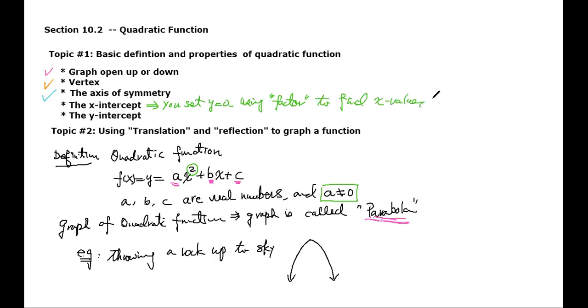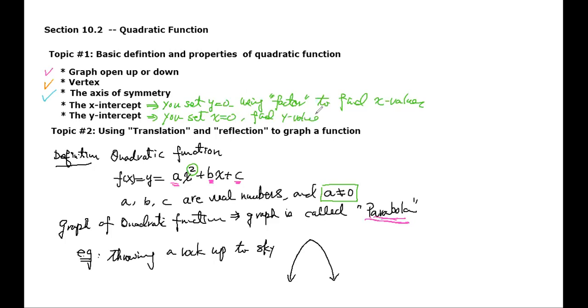And the y-intercept is easy: you set x equal to 0, then find the y value.